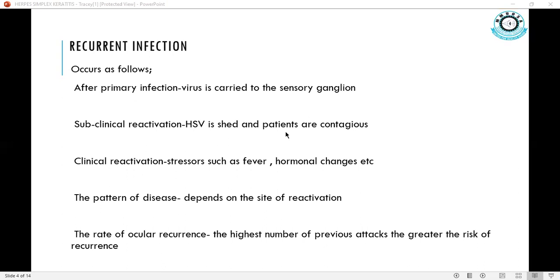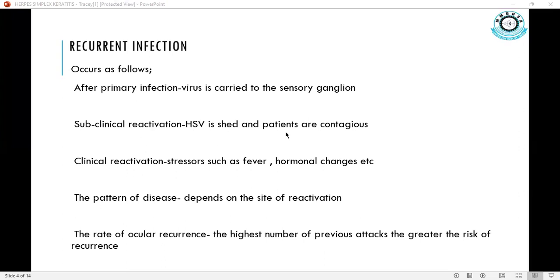Then we have subclinical reactivation. This occurs whereby the HSV is shed and the patients are contagious. Then now the clinical reactivation of HSV, whereby after the primary infection, we've seen that the virus will be at the trigeminal ganglion.